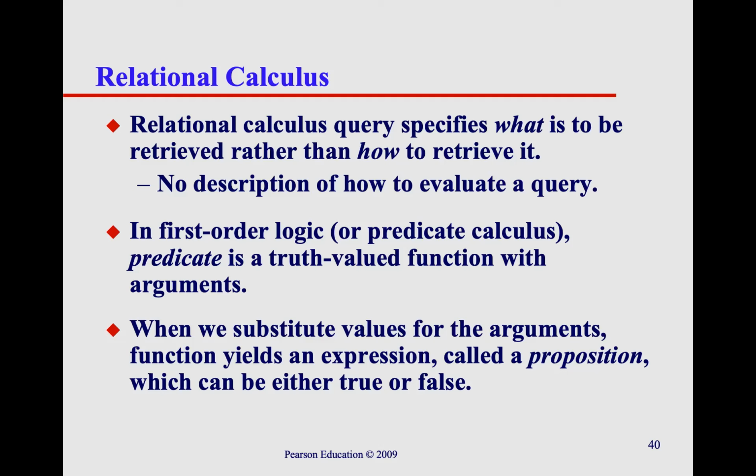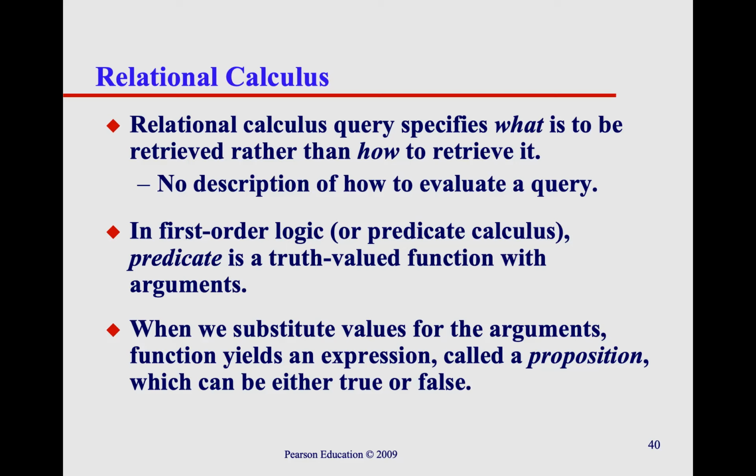The relational calculus just says what we want, but not how to retrieve it. Okay, so it's considered a declarative language, whereas the relational algebra is considered a procedural language. A declarative language only specifies what you want done. A procedural language specifies how you want it done.